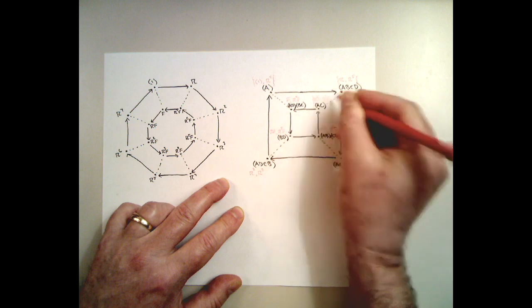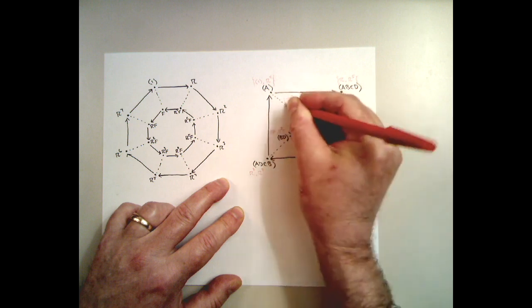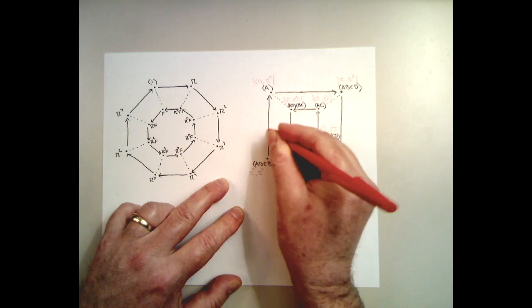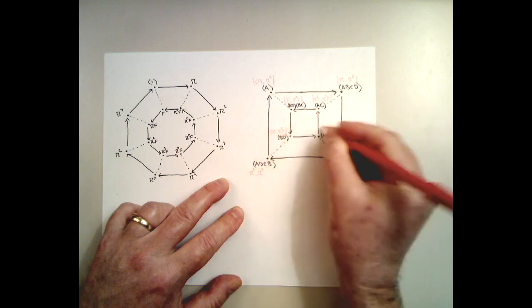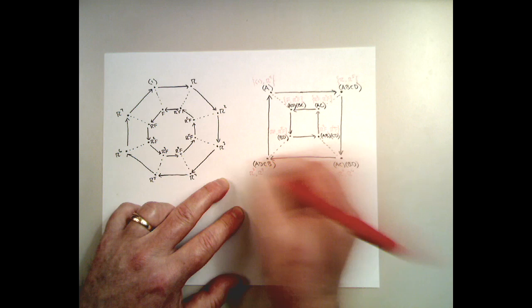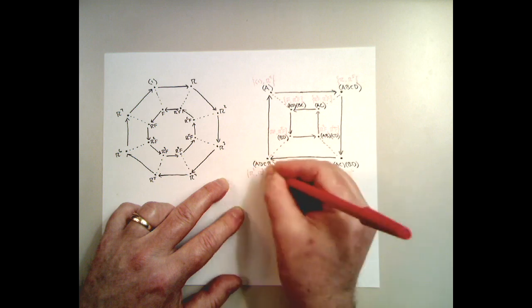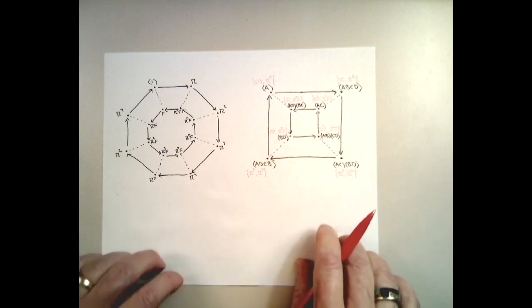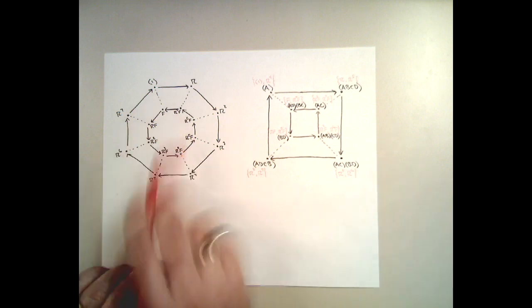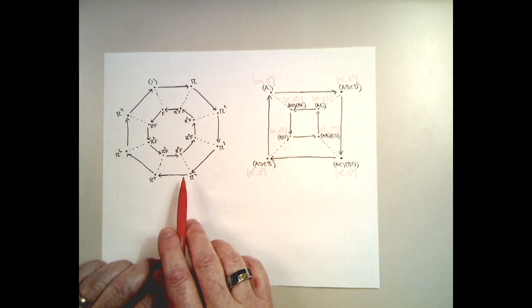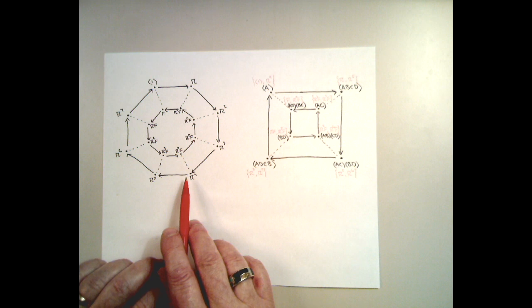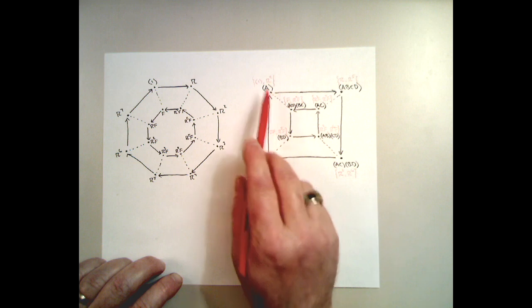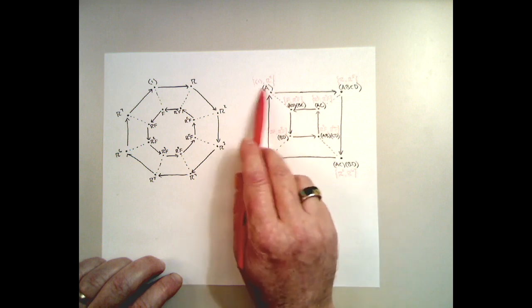I'm going to do that with all of these pairs, to make them look like subsets of Z8 cross Z2. And in fact, those subsets, they all have the same number of elements in them. They all have 2 elements in them. This one in particular is the one that has the identity element in it.